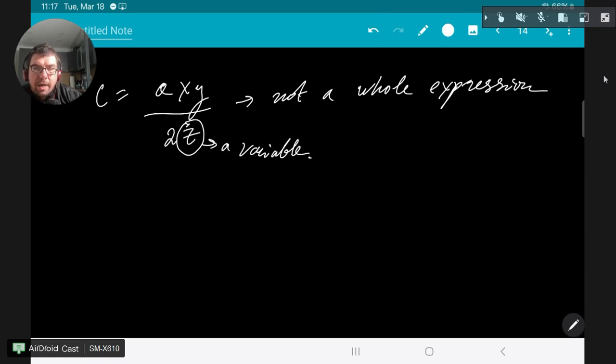And therefore, if I have a variable in the denominator, it's not a whole expression. I can have a number, I can have a parameter, a constant, it's fine. But a variable x, y, z, etc. is not fine, okay? If I have a variable, it's not a whole expression.